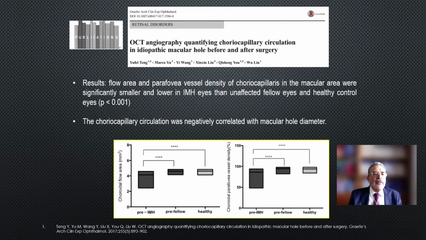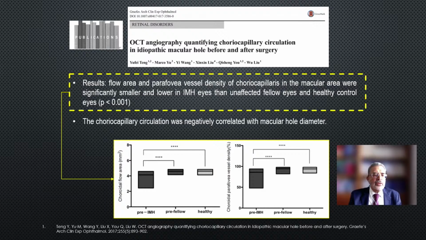The results: flow area and parafoveal vessel density of choriocapillaries in the macular area were significantly smaller and lower in idiopathic macular hole eyes than in unaffected fellow eyes and healthy control eyes. The choriocapillary circulation was negatively correlated with macular hole diameter, as you can see in these schemes.